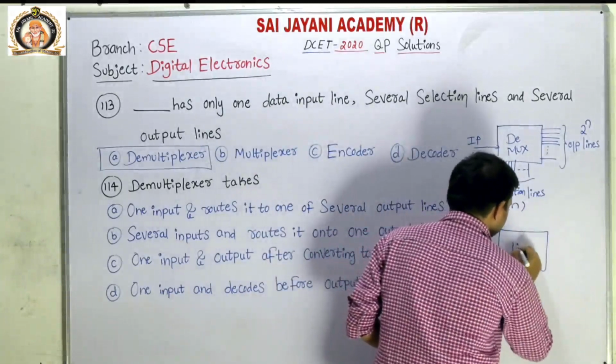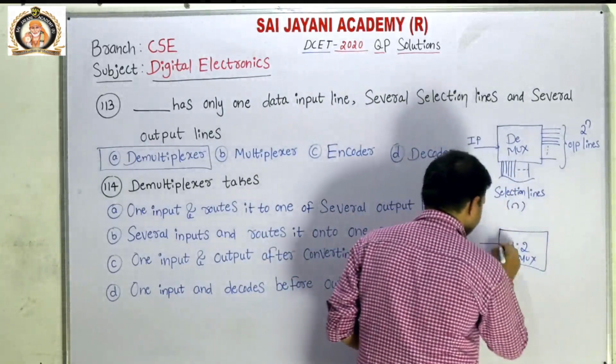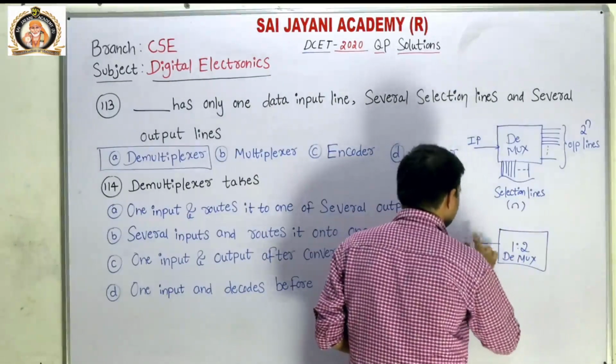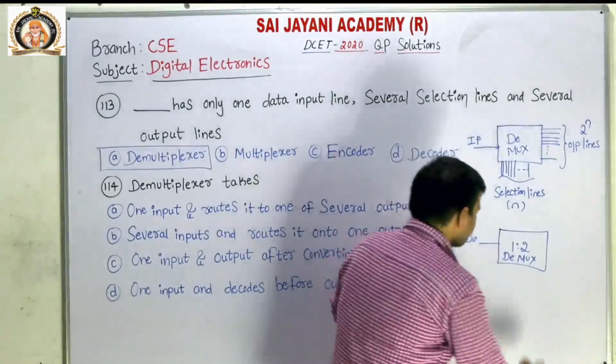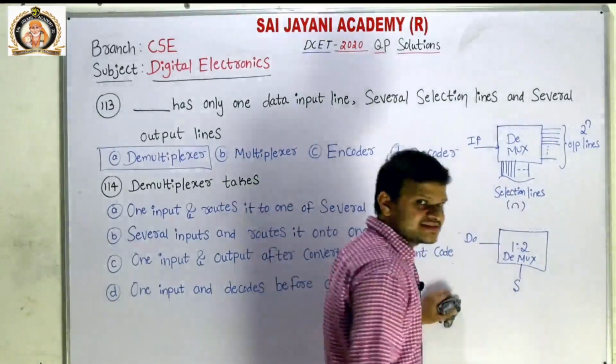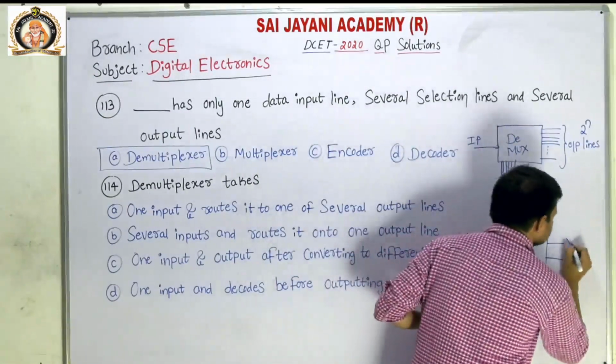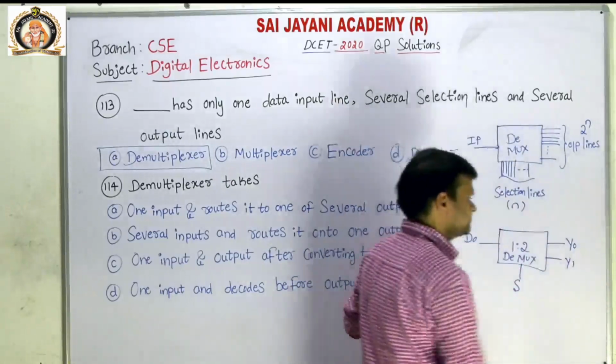Then we consider the 1:2 demultiplexer. We already know that for a 1:2 DMUX, it has a single input line, we can call it D0, and it has a single selection line, we can call it S. For this we have 2 output lines, that is Y0 and Y1.